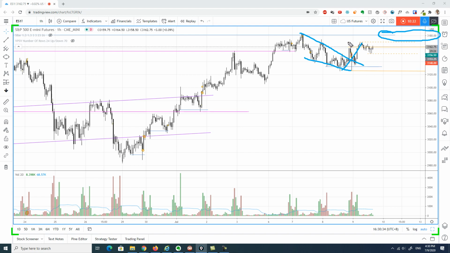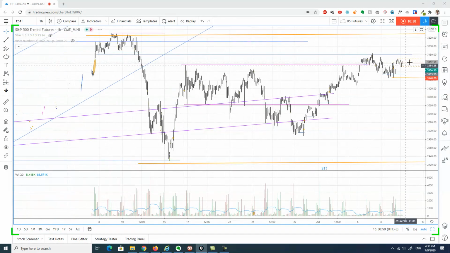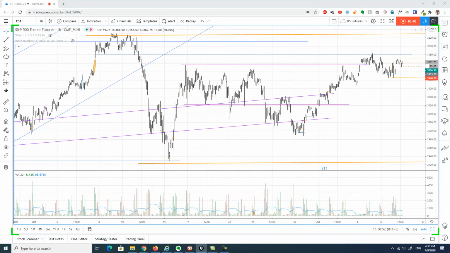So 3180 is still acting as a nice resistance level. First of all, I would like to see a test at this level, and if we can break that, then definitely it is on to the higher levels at the swing high 3230. So this is the swing high here, somewhere around there.